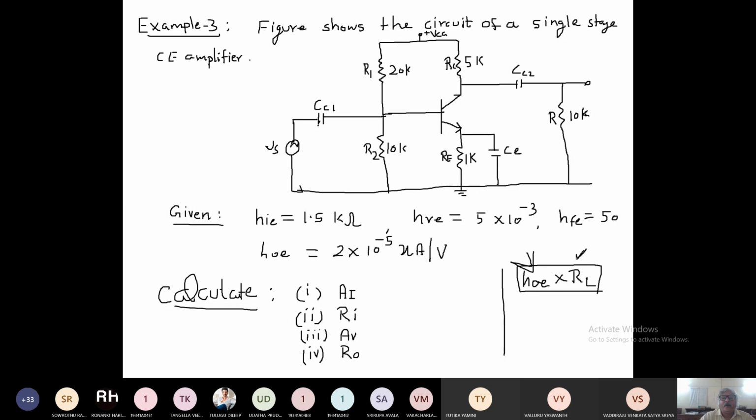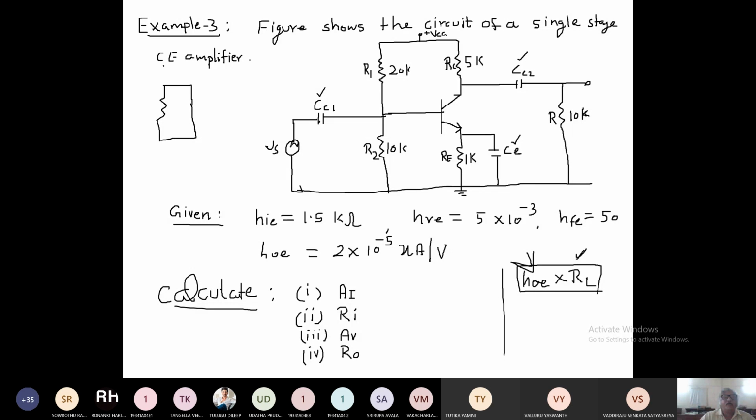If you find a capacitor, there are three capacitors, this one CC1, this one CC2 and this one CE. These capacitors will be short. Now you see the resistor RE, and in parallel to it there is one capacitor. If you short this capacitor, then you will get this circuit.